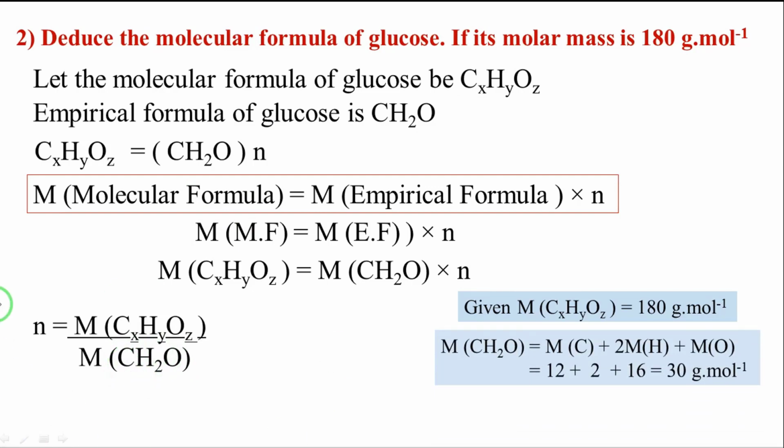So we can say here that the molar mass of the empirical formula is equal to 30 gram per mole. Just substitute the values, and we can say now that n is equal to 180 gram per mole divided by 30 gram per mole, and it's found to be equal to 6.